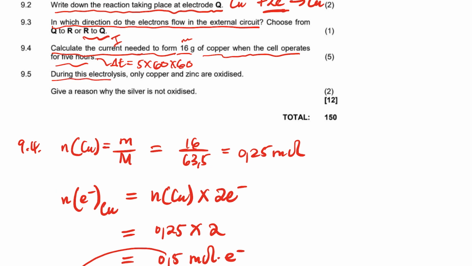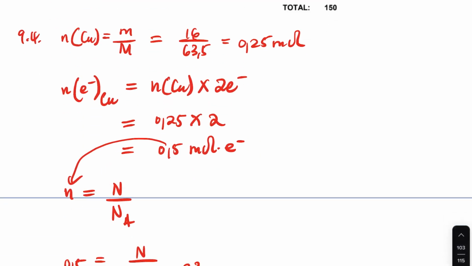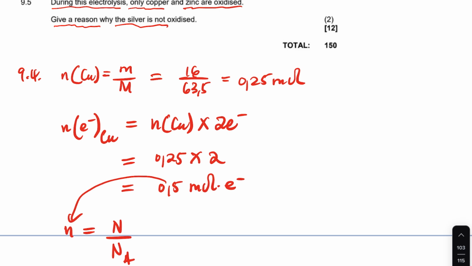It says during the electrolysis only copper and zinc are oxidized. Give a reason why silver is not oxidized. If you look in the table, guys, this is 9.5. I'm going to answer here.